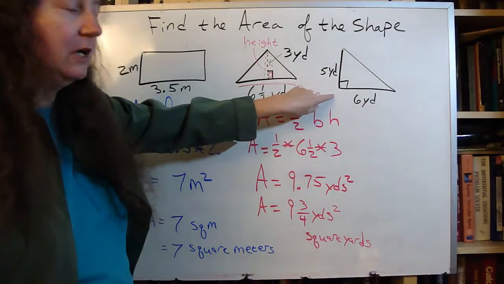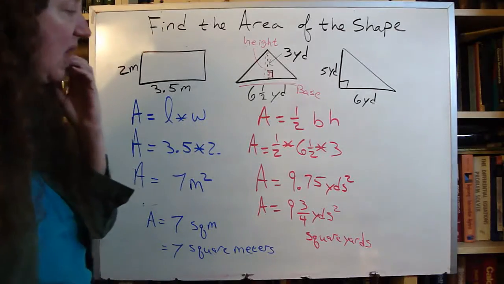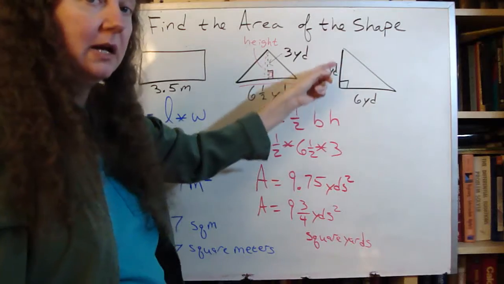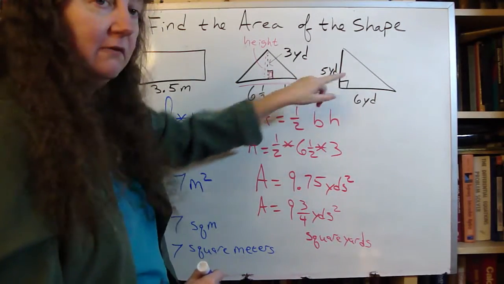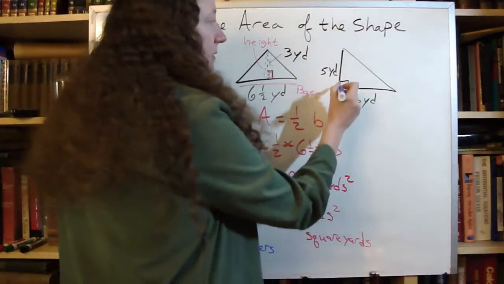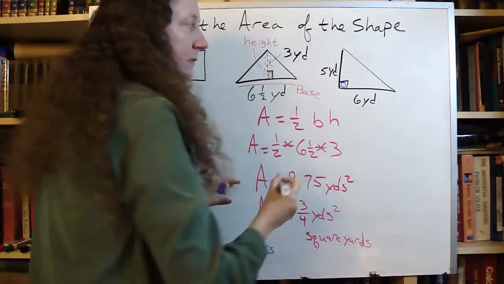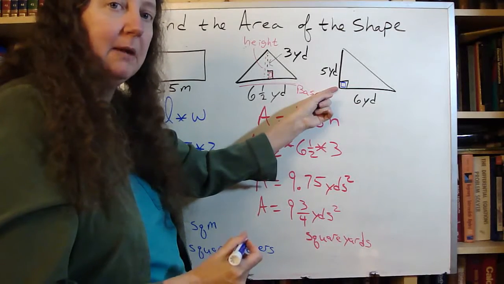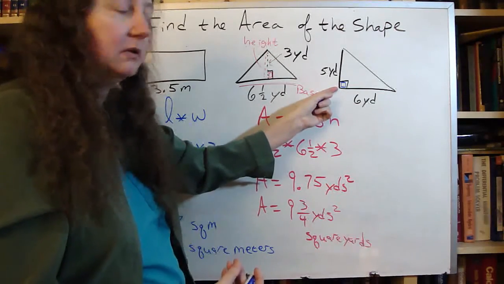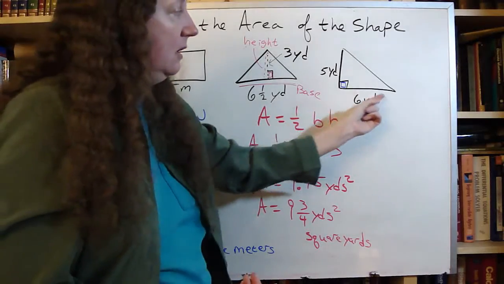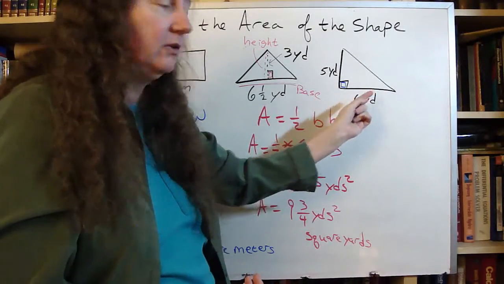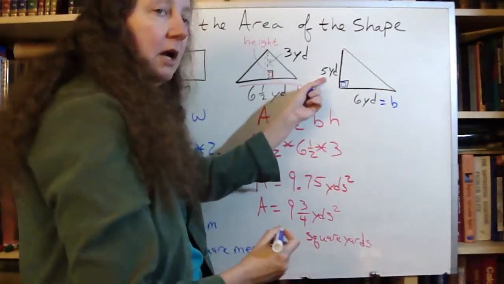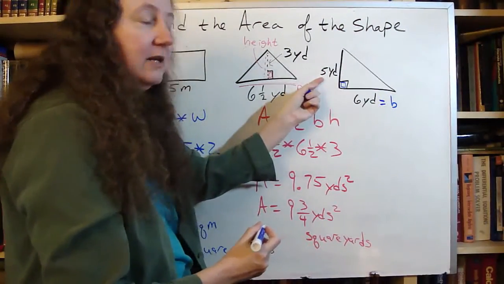The third figure over here. I don't have a dotted line, but I do still have that little square there. So that's telling me that I still have my base and my height. I'm going to use 6 as my base, and I'm going to use 5 as the height.